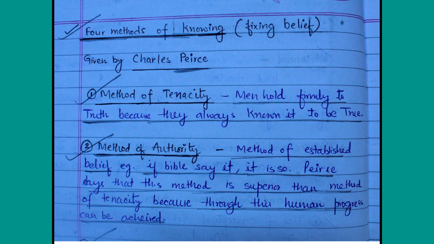The first method, he says, is the method of tenacity. So what is the method of tenacity? The method of tenacity says man holds firmly to truth because he has always known it to be true. For example, there are certain superstitions, beliefs that man has.